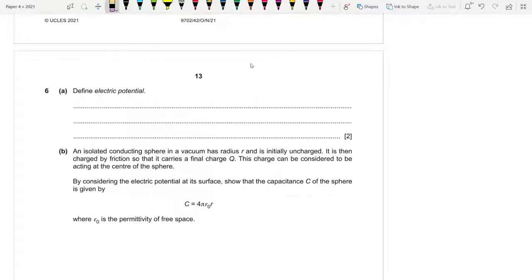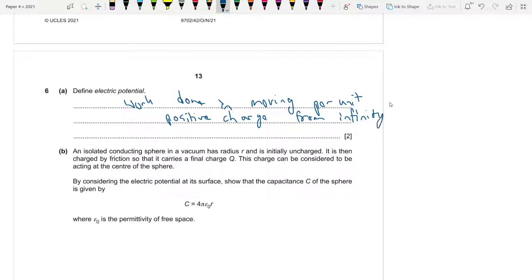Okay, so the best way to write this answer is actually the work done in moving per unit positive charge from infinity to a point inside the field. That's what I prefer. Okay, a point inside the field.